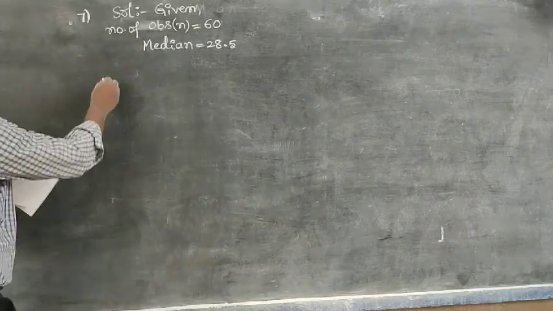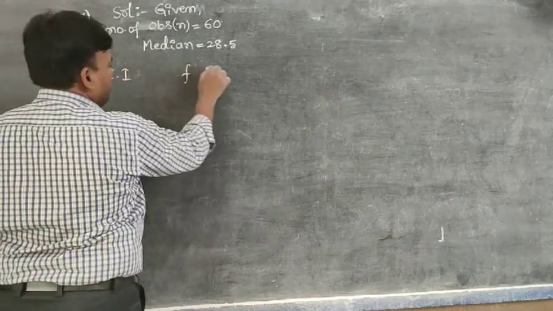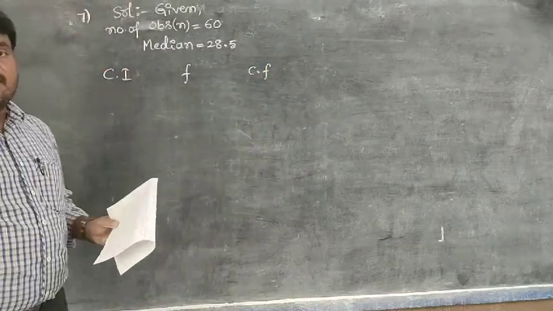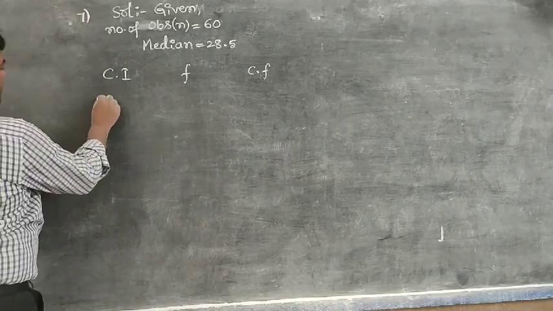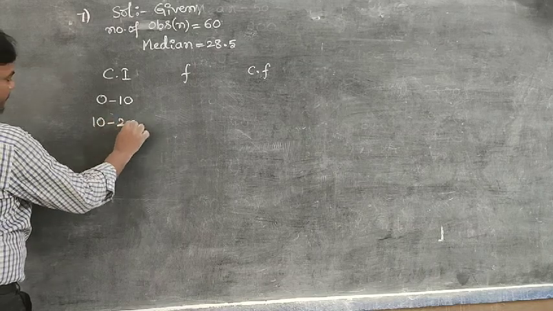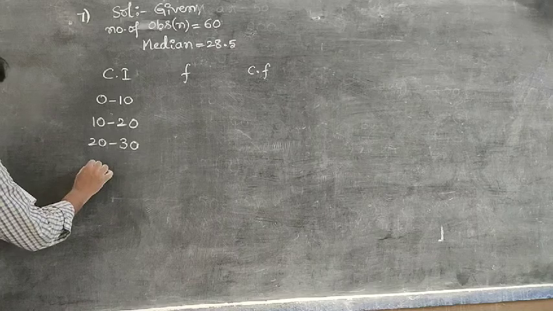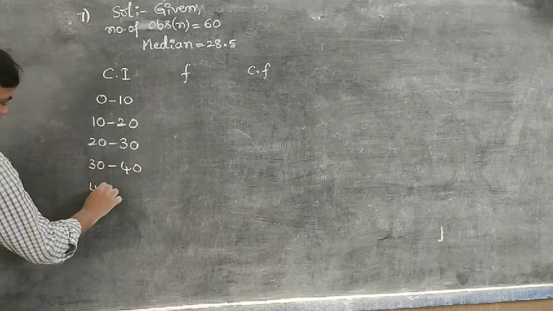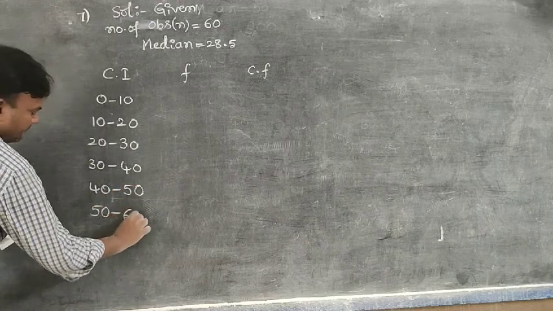So here first of all we have taken 3 columns: class intervals, second one frequency, next cumulative frequency. In cumulative frequency we can take either LCF or GCF, whatever it may be. So class intervals are 0 to 10, next 10 to 20, 20 to 30, 30 to 40, 40 to 50, 50 to 60.